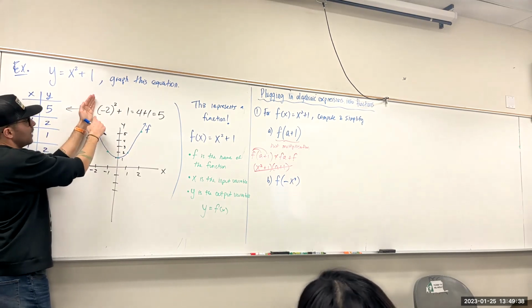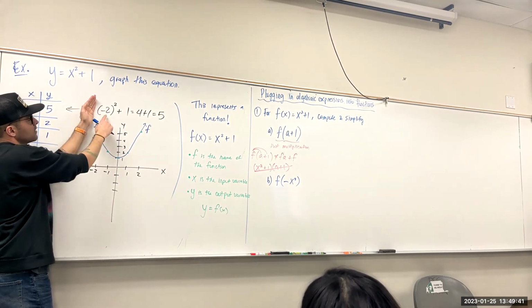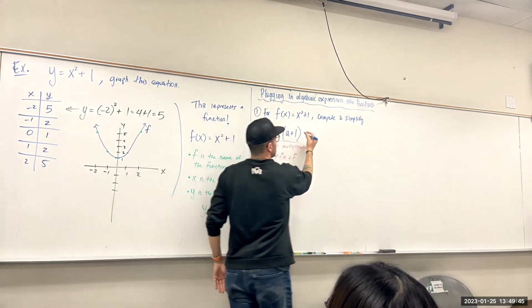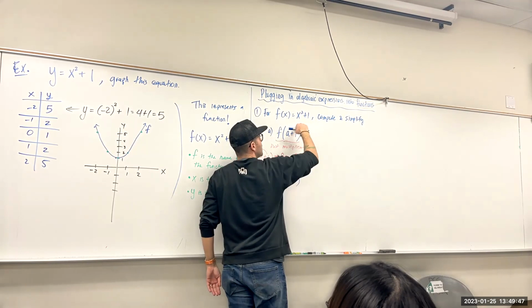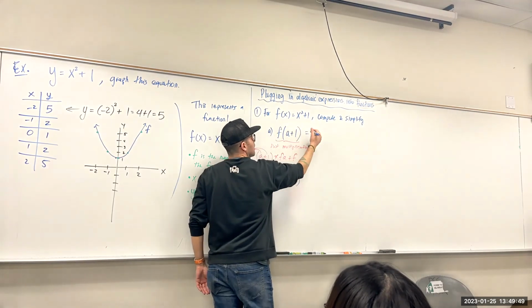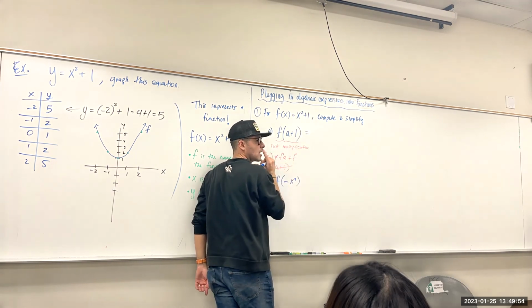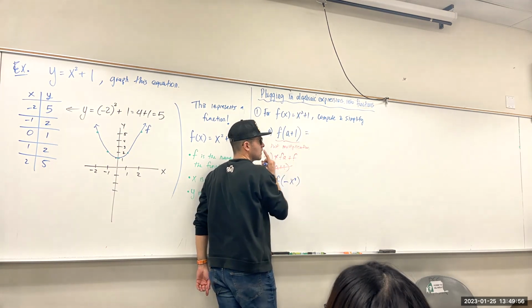When I have a number and I'm plugging it in for X, you're replacing X with that number, right? So whatever I'm plugging into my function, it's going to replace the X. What's the very first operation being done to X? Squaring it.